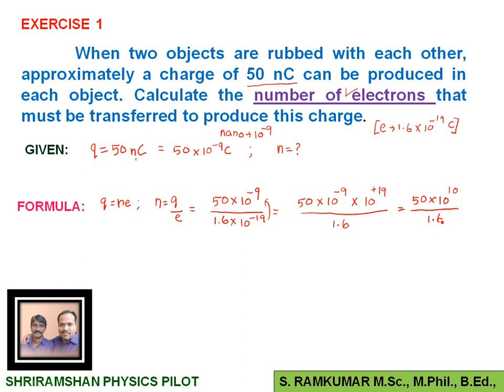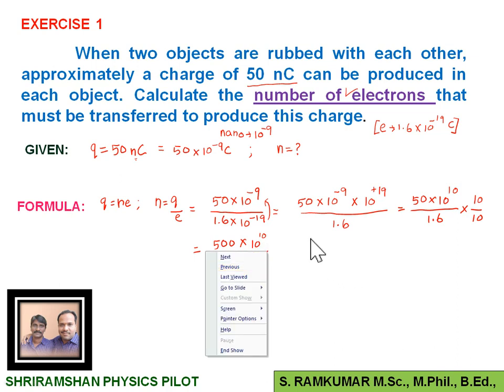Like the previous problem, when it is 1.6, how can we change it to a whole number? Multiply and divide by 10 on both sides. So what will you get here? 50 into 10 is said to be 500 into 10 power 10 divided by 1.6 into 10 is said to be 16.